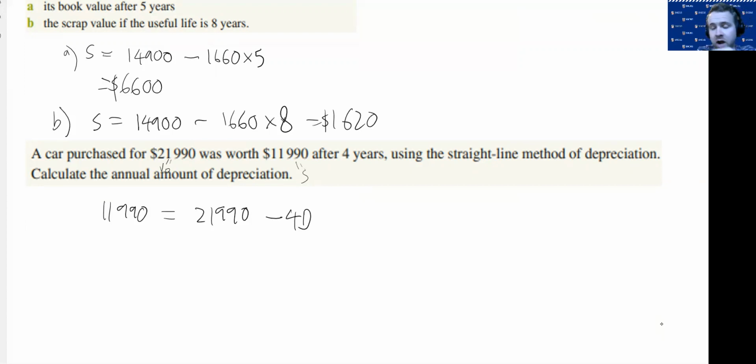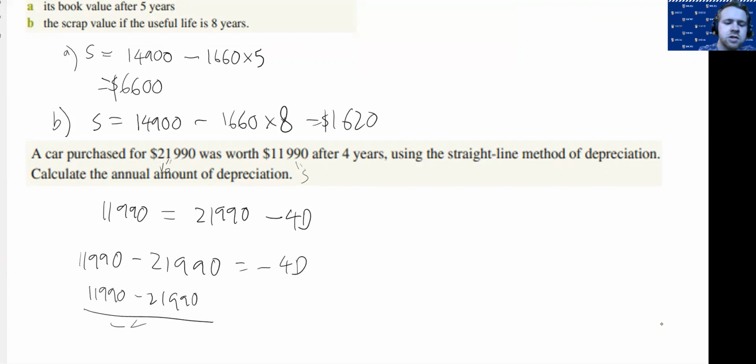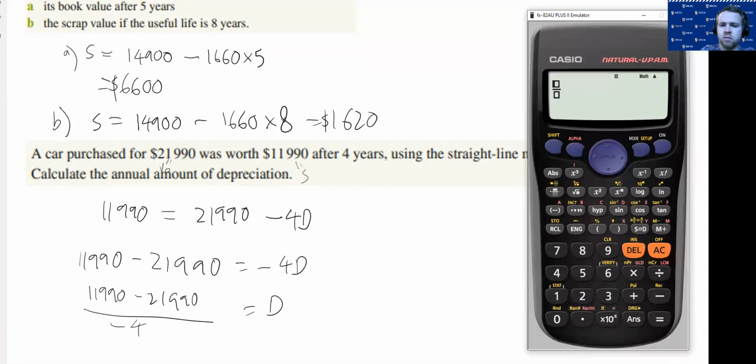Okay, and then we want to rearrange this equation to get D as the subject. So we're going to take away this, and then we're going to divide by -4. So what we're going to end up putting in our calculator, now you could put this in your calculator early, or you could just use your calculator once, that's going to give us our value of D. So pop that in our calculator: 11,990 minus 21,990, and then divided by -4.